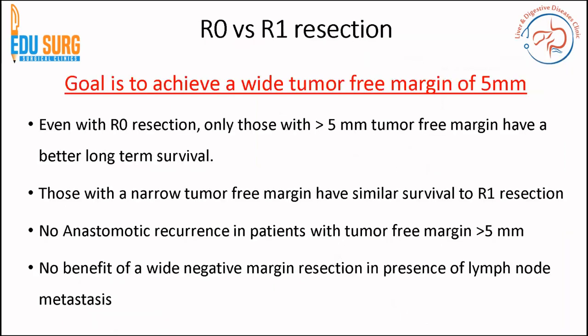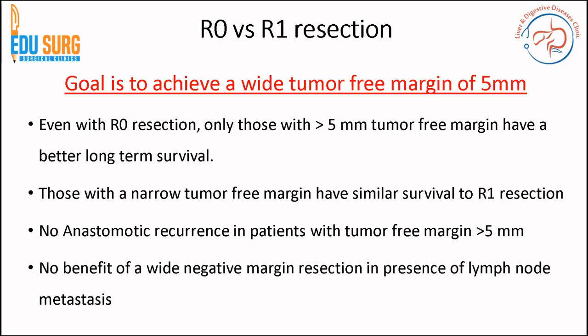Now, resection status: if it is R0, which means that you have removed all grossly visible and microscopic disease, the margins are negative. That is the goal of doing a resection for hilar cholangiocarcinoma. And the ideal tumor-free margin in hilar cholangiocarcinoma is 5 millimeters. It might be a little difficult to obtain this 5 millimeter margin, especially on the right duct side.